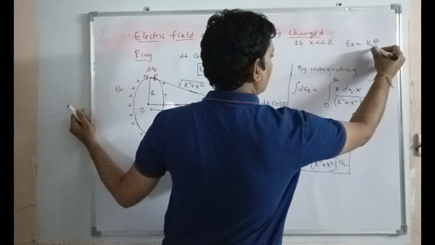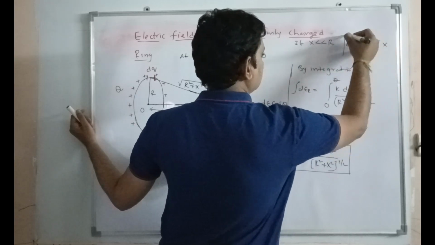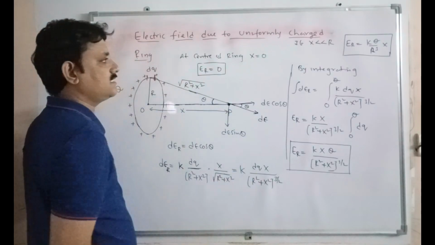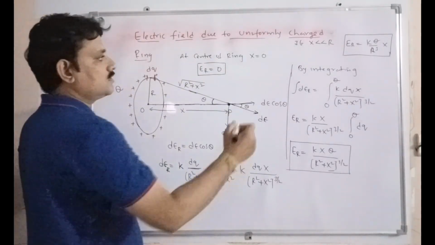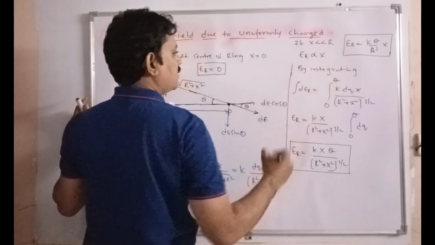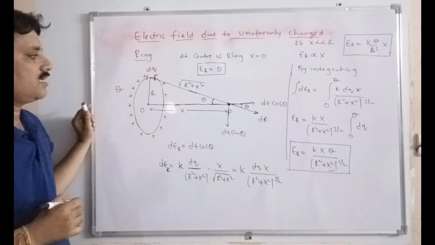So kq by r cube into x. This is the resultant electric field in case of x less than r. So what does it mean? The resultant electric field is directly proportional to x in this case.